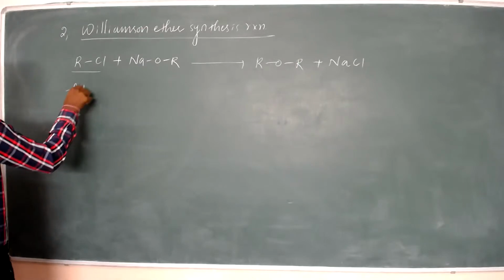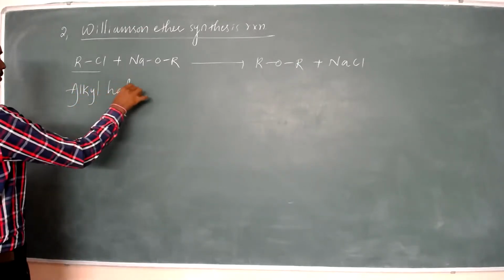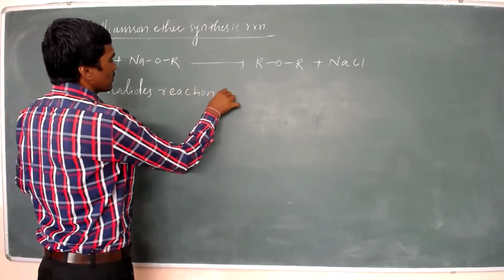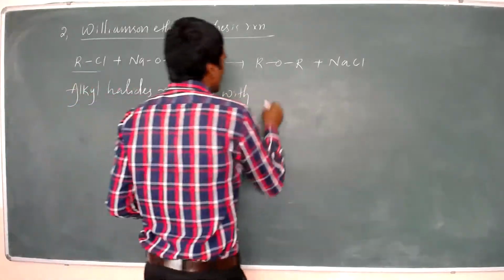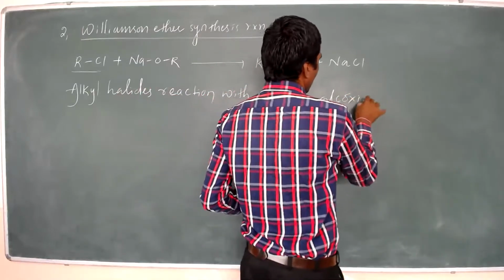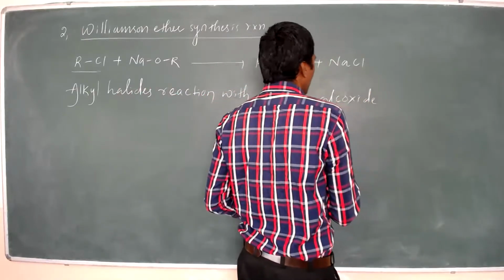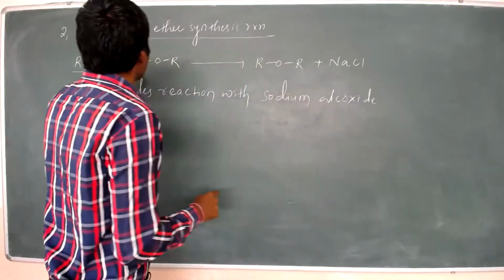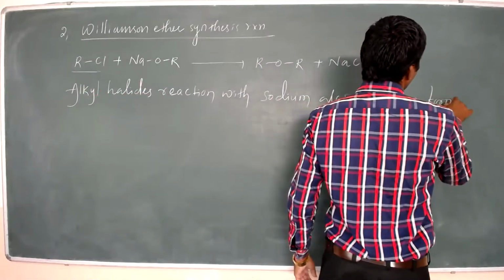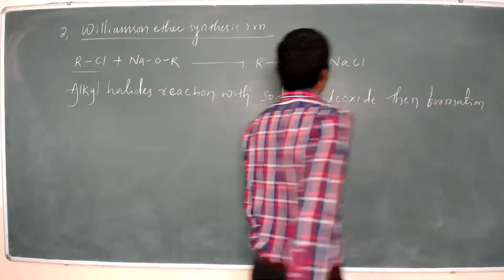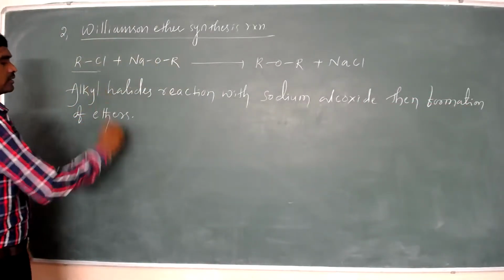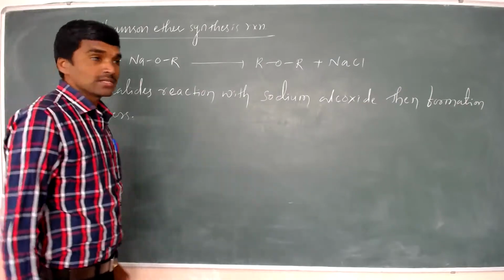Alkyl halides reacting with sodium alkoxide, then formation of ethers, is known as the Williamson ether synthesis reaction.